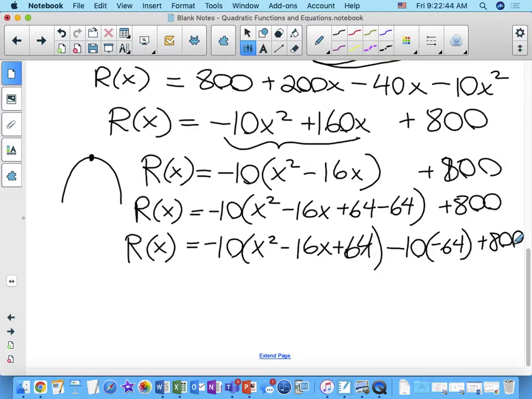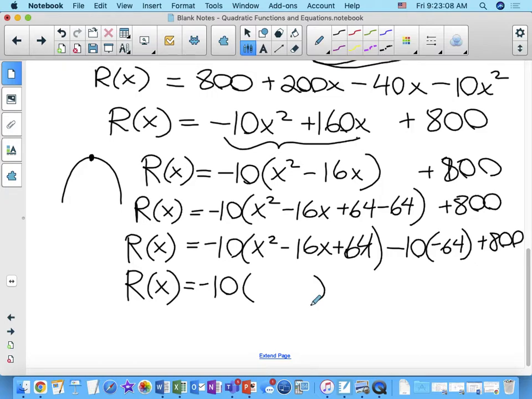And now, I can write this as a perfect square trinomial, because that's what it is by design. What would the perfect square trinomial be?